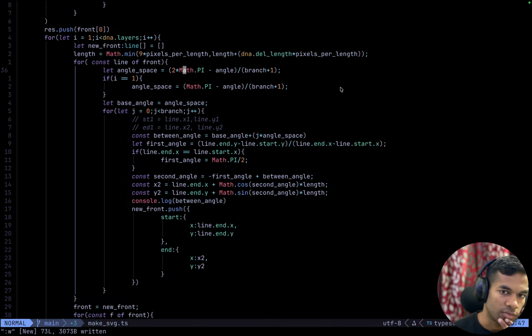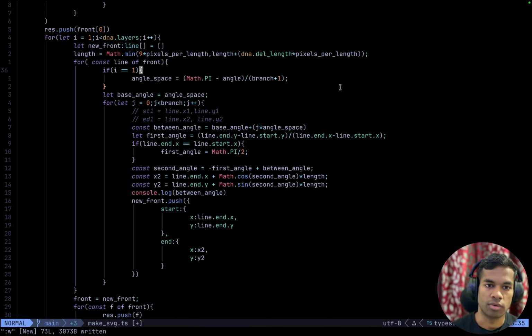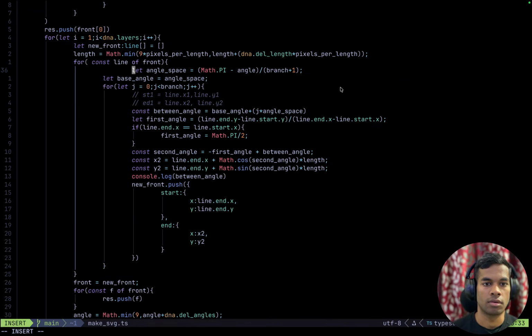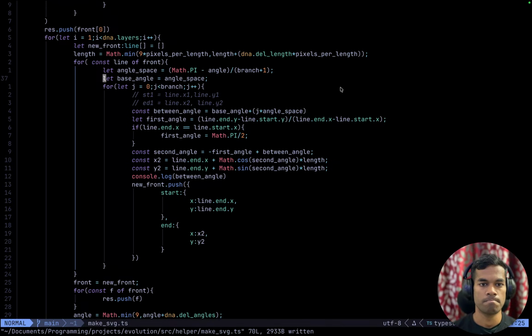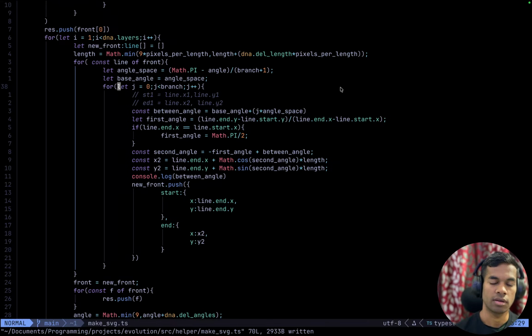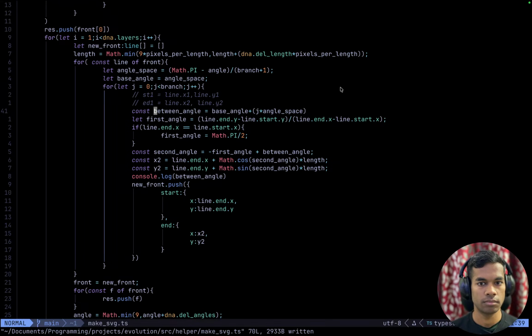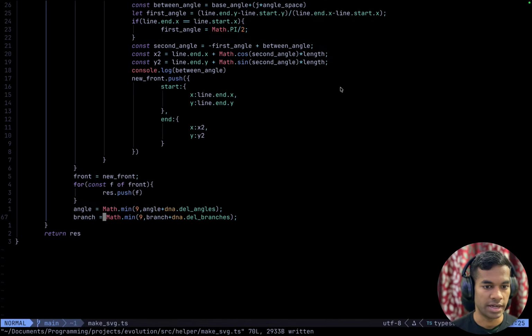Angle space, initial angle space. This would not work. Okay, base angle is angle space initially. And the number of branches is also changing, so we also have to update angle space. Yes, makes sense. Which is updating at the end here.